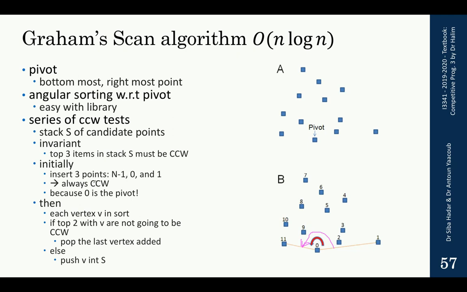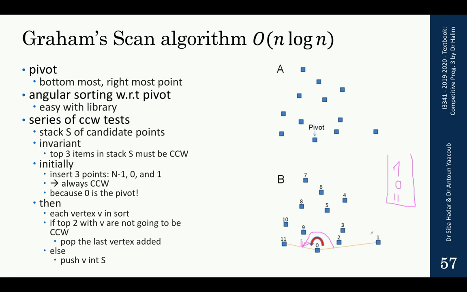And we want that always the top 3 points in the stack are counterclockwise. So here is our stack now, the initial state. We put 11, we put the pivot 0, and we put the element 1, and we check our condition. Of course it is true, the top 3 elements are counterclockwise. And then we process each vertex v in the sorting.